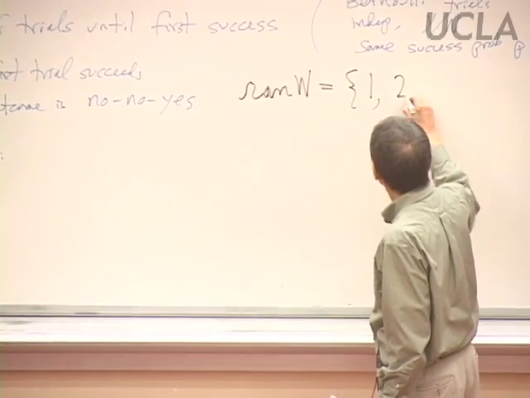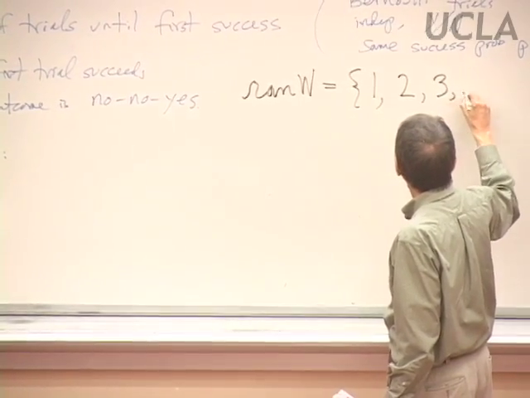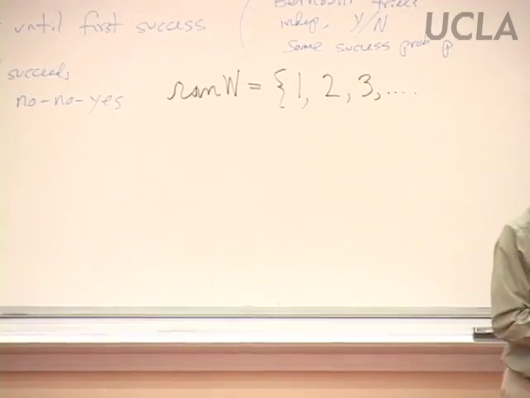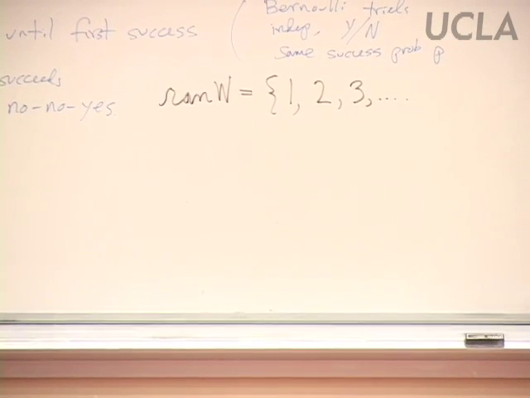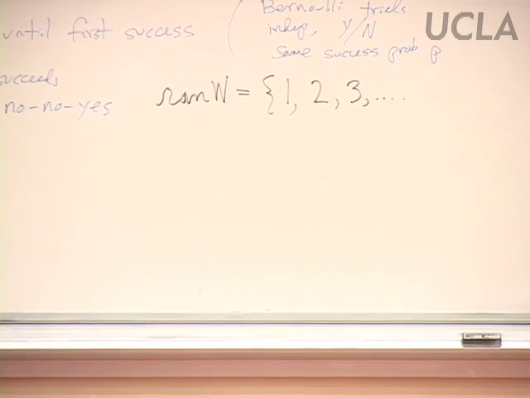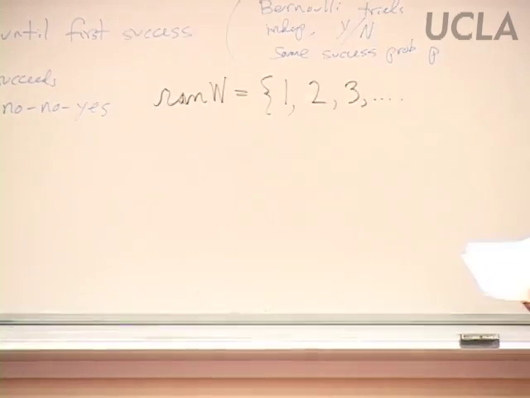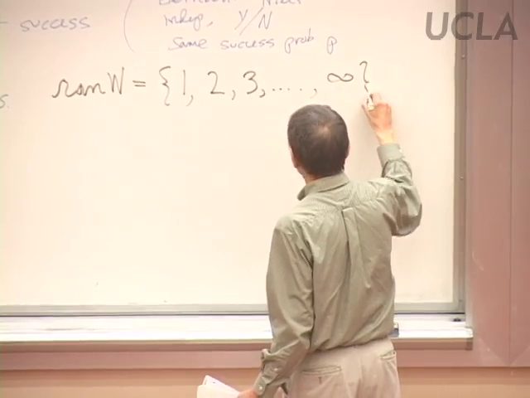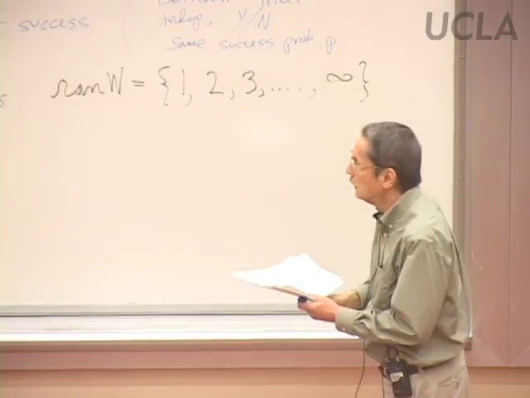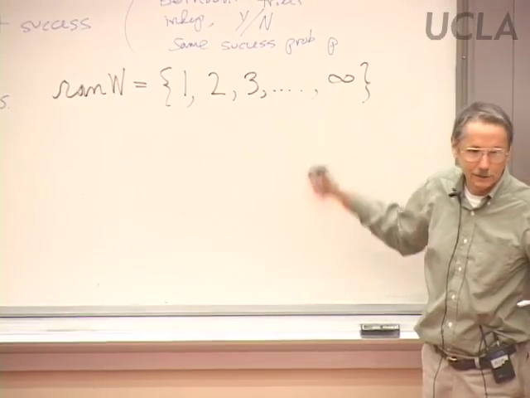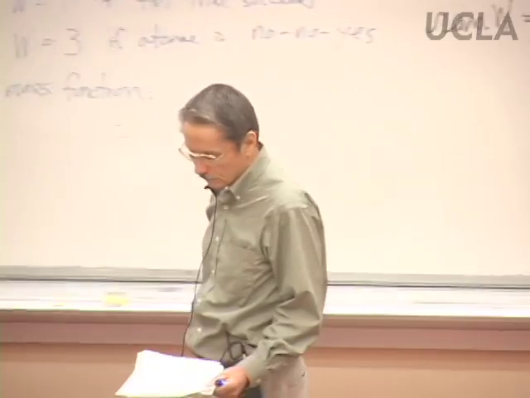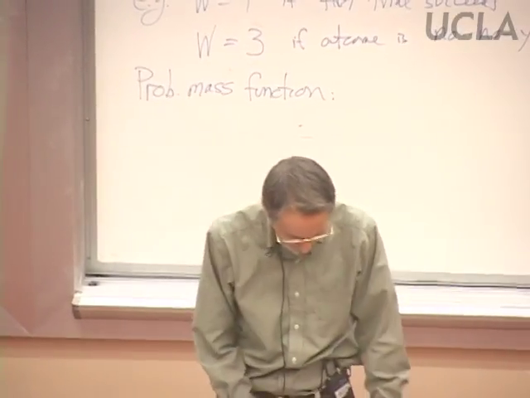Or it could be 2 or 3 or anything. If your luck is really bad, it could take millions of trials to get that first success. It is even conceivable that you never get a success, but extremely unlikely. In fact, probability 0 for p between 0 and 1.